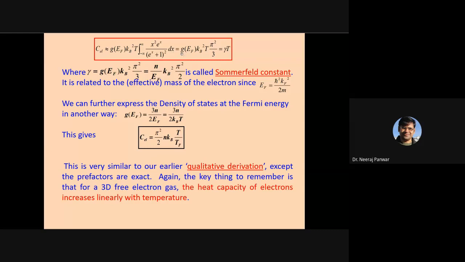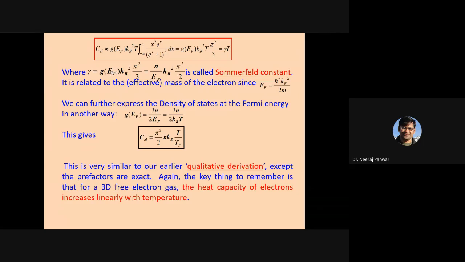So this expression would become G at EF kB square T pi square by 3, and all the terms, G at EF is constant, kB is constant, pi is constant, 3 is also constant, everything is a constant, and that can be written equal to gamma. So we can write C_EL is equal to gamma T, where gamma is equal to G at EF times kB square pi square by 3.